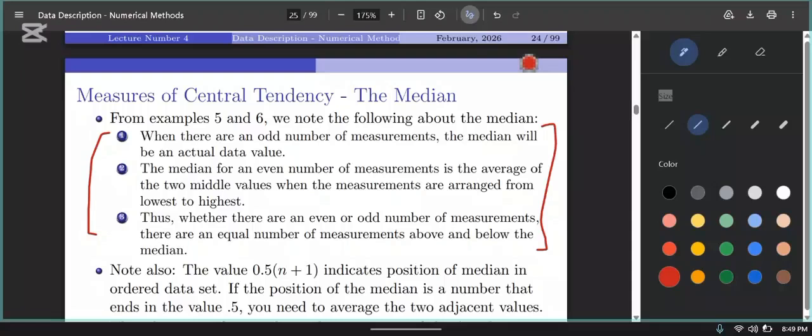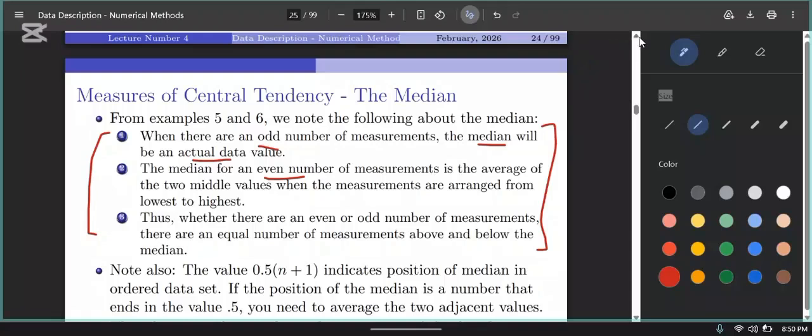If the middle number there are 2, you add the 2 numbers, divide them by 2. So what this paragraph was trying to explain is if the total number is an odd number, the median will simply be one single value. But if the total is an even number, this is why you add and divide by 2.